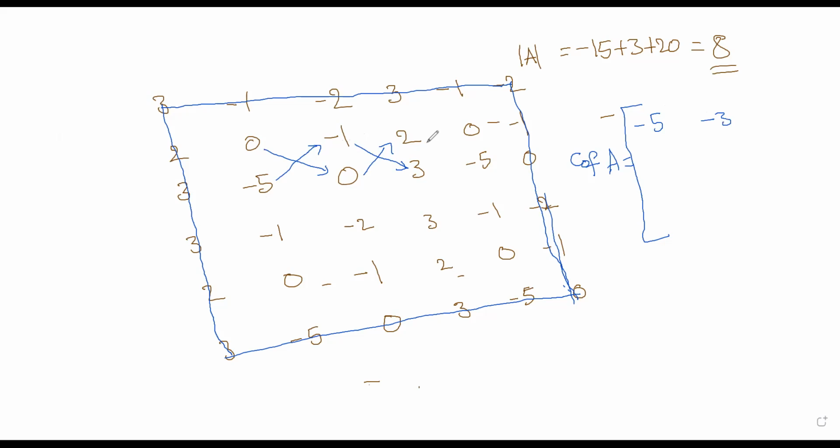The third element, that is minus 10. Got it? Minus 10. Now, next: minus 5 into minus 2, that is plus 10. This is anyway 0.